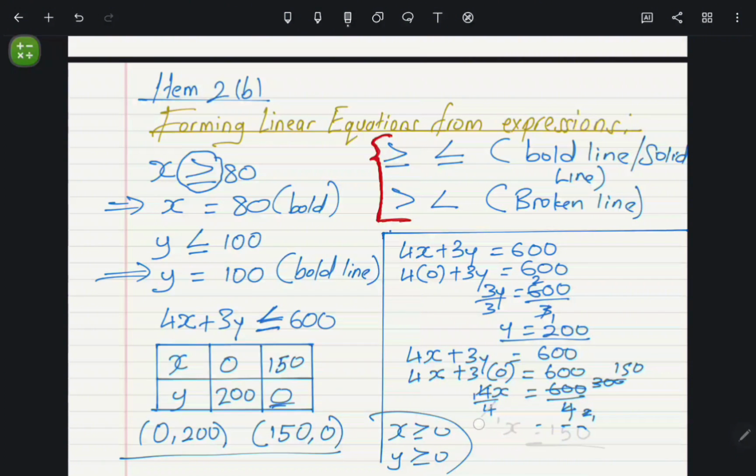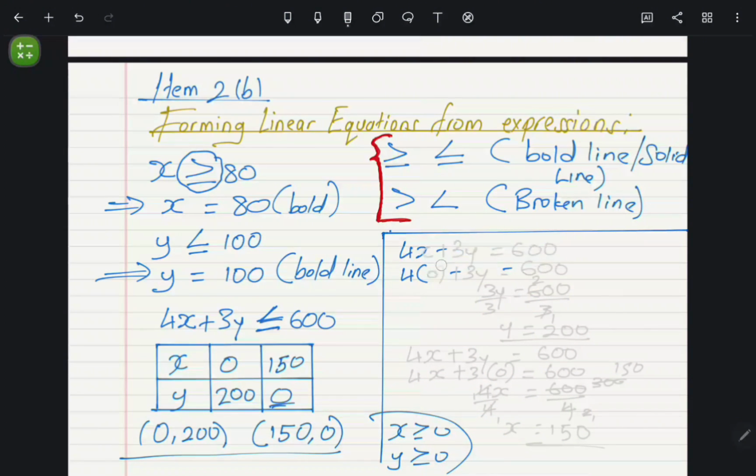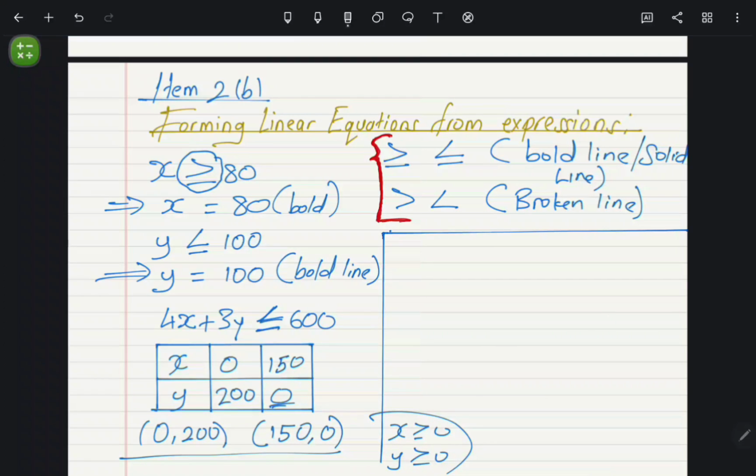When we change them into linear equations, what are we going to get? Let me first erase this part here so that I can show you. So when we change these ones here to linear equations, we are going to have x is equal to 0 and y is equal to 0. But x is equal to 0 is the same as the y-axis, and y is equal to 0 is the same as the x-axis, not so?